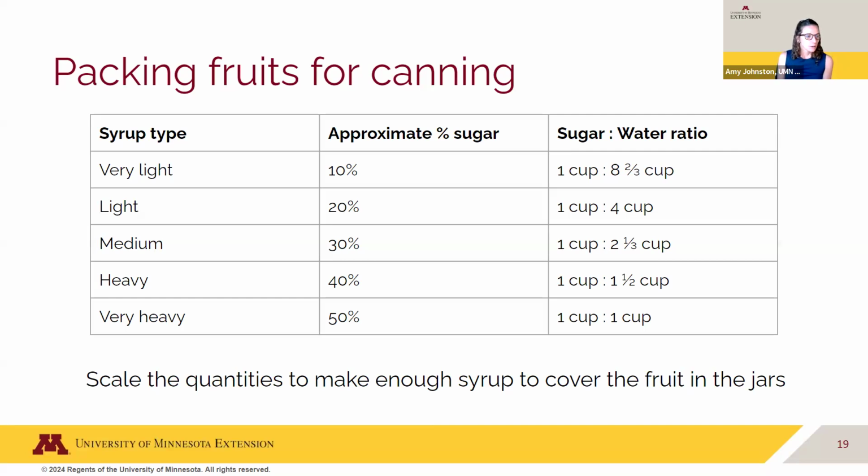Most commonly, just your granulated sugar is used, but you can use light brown sugar, honey, or corn syrup to replace up to half of the granulated sugar.